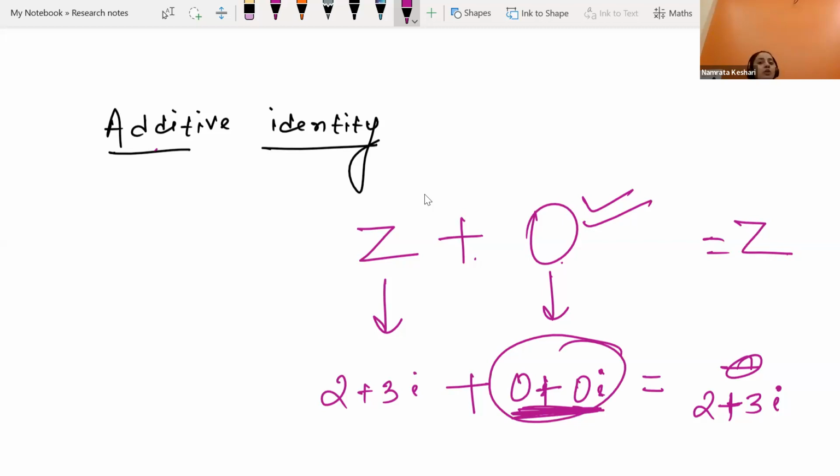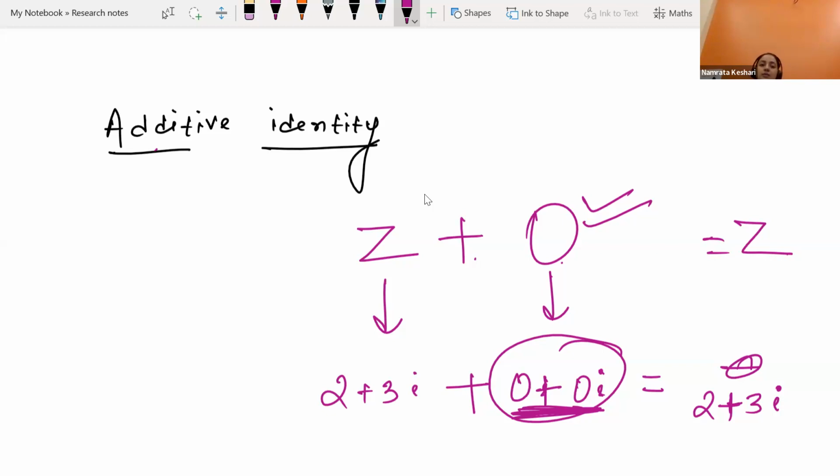Whenever this terminology additive identity comes in a true false question or a fill in the blanks question, remember that additive means add, identity means the identity does not change, and so additive identity of course means 0. Add such a number that z remains the same, the complex number we took stays the same. So that can be only 0, which can be written in the form of a complex number, that is 0 plus 0i.